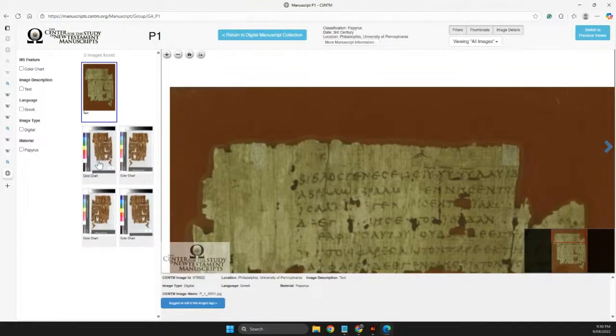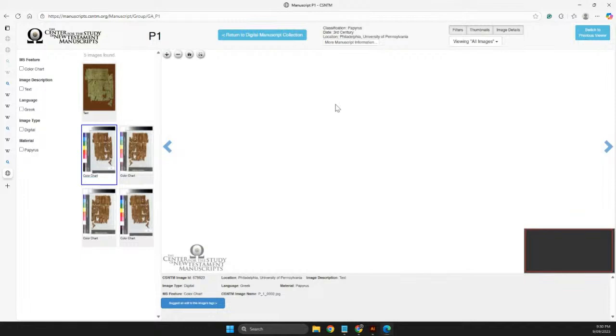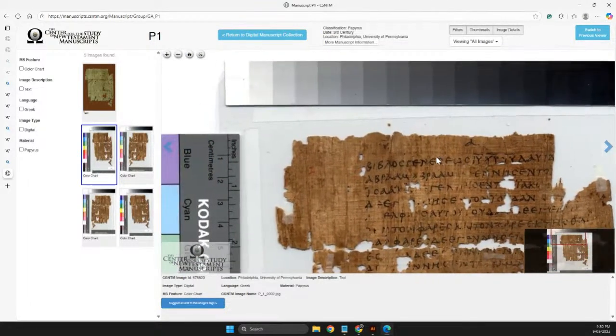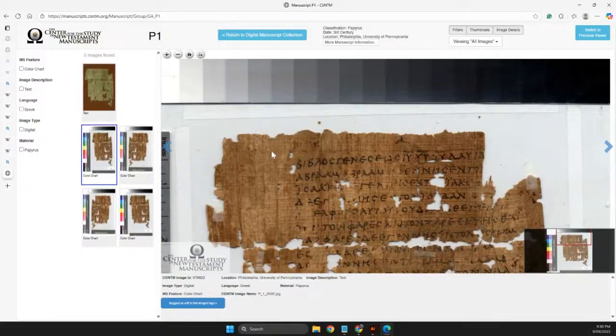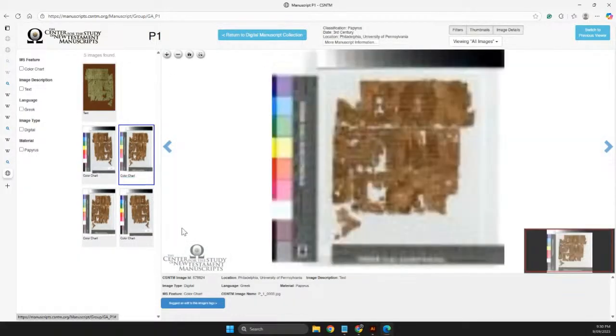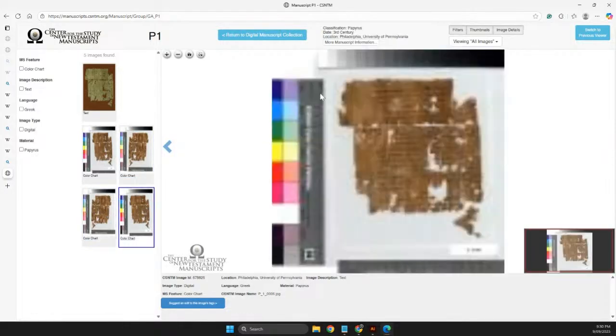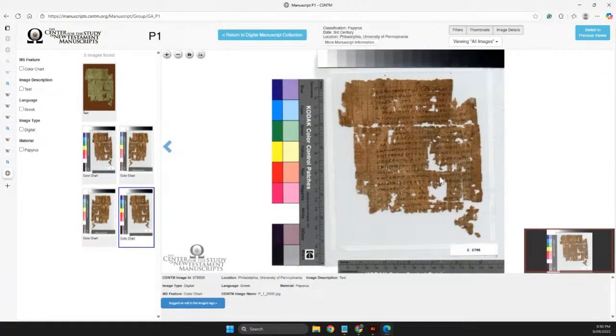But it doesn't seem, actually, I'll try some of these because they might zoom right in. Okay, not really that high res, which is a shame. For CSNTM, I mean, I've found, I'll just show this.